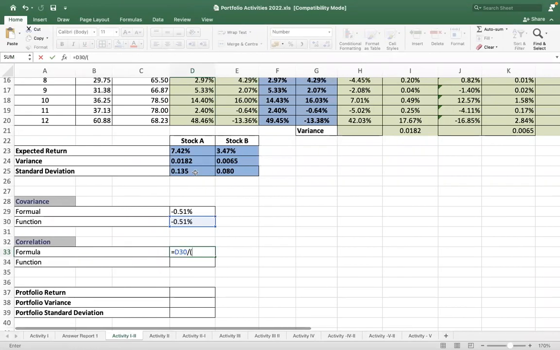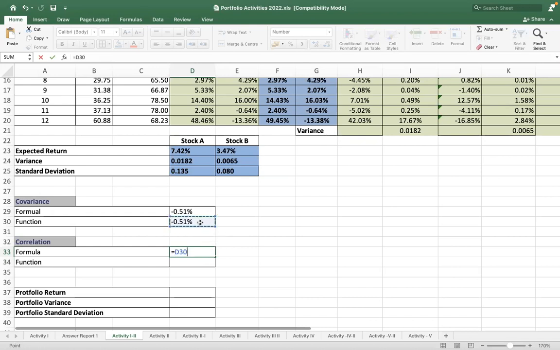Standard deviation of A. I just mixed it up with the variance. So standard deviation of A multiplied by standard deviation of B. 0.47, right? Again, I will do it.